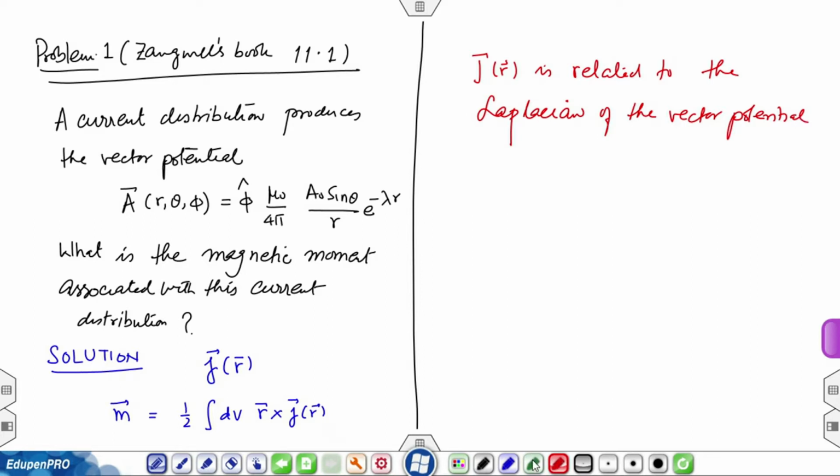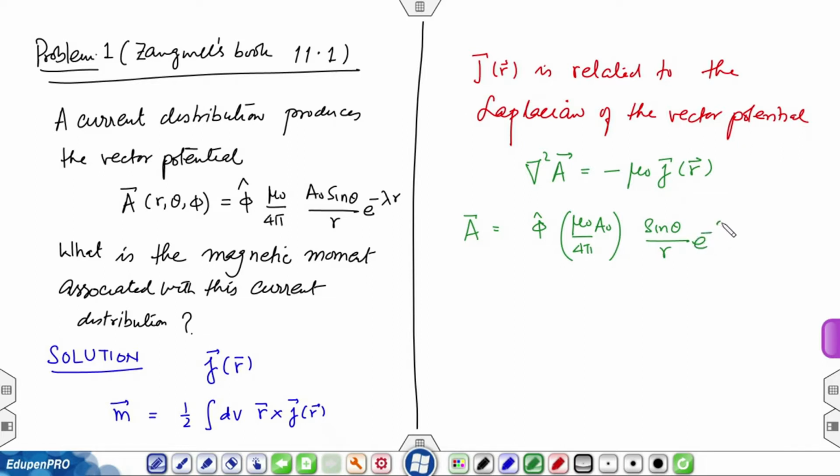So, I get del square A, the vector potential, equals minus mu naught J(r), and I have been given A. A is given to be phi mu naught over pi. Let me also put A naught here, these are all constants, sin theta over r e raised to minus lambda r, and I want to calculate its Laplacian.